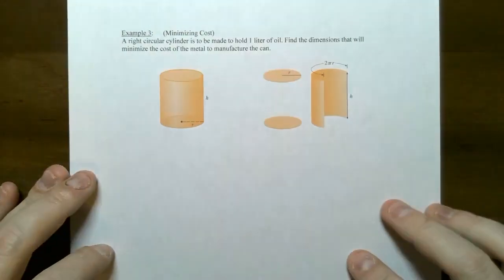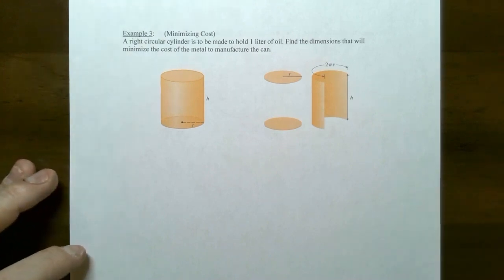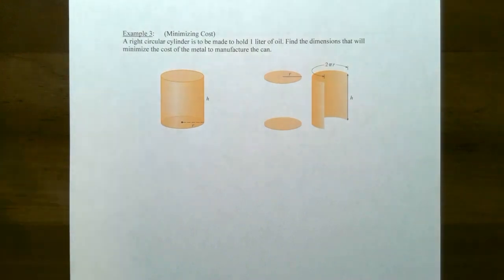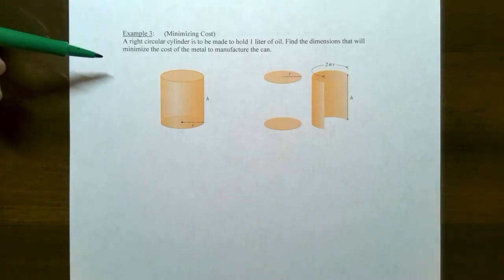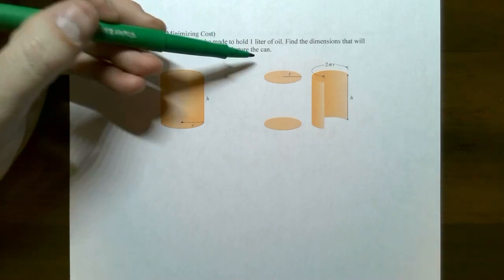Alright, so those first 2 problems give us an idea of how optimization problems work. So now, example 3 is truly an optimization problem that you may have never seen from pre-calculus. In fact, this is what the project in the course is referring to. It's trying to minimize the cost when you're trying to construct a right circular cylinder, which is going to be a can.